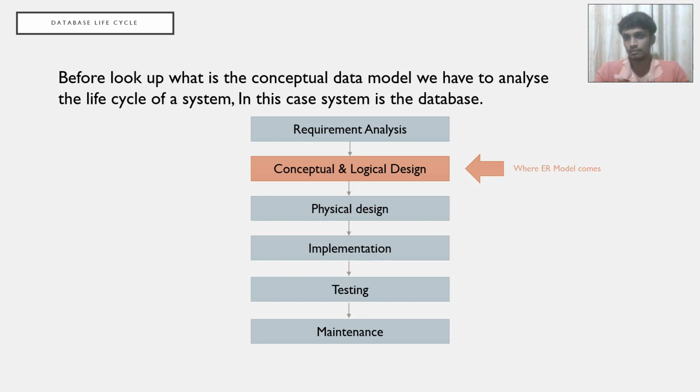This life cycle comes from computer systems, which means it is a software engineering aspect. You may have heard of models like the waterfall model, hierarchical model, and spiral model. The life cycle of a system is basically like the waterfall model that we can identify in software engineering.